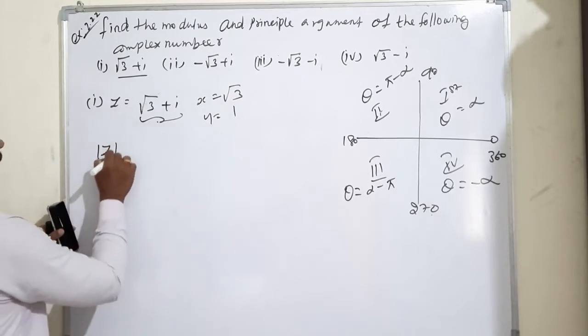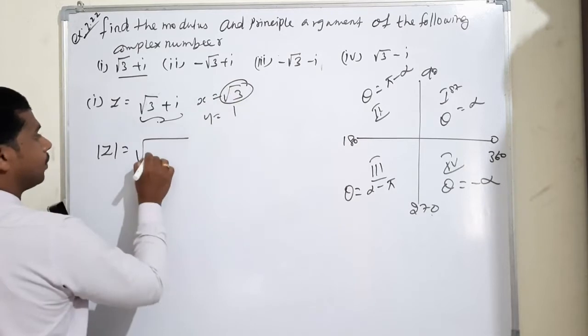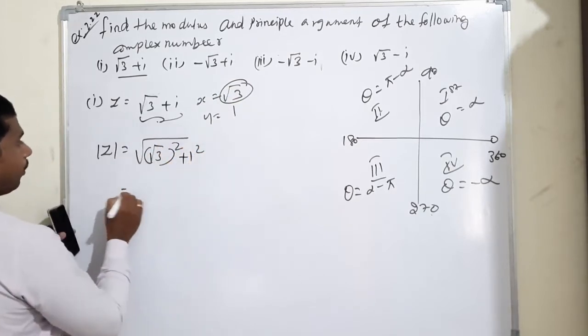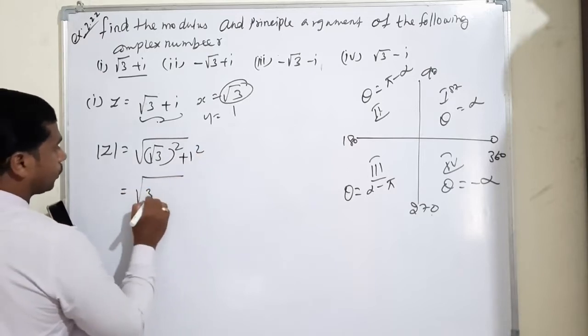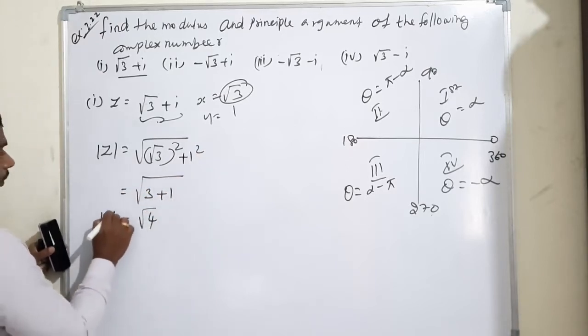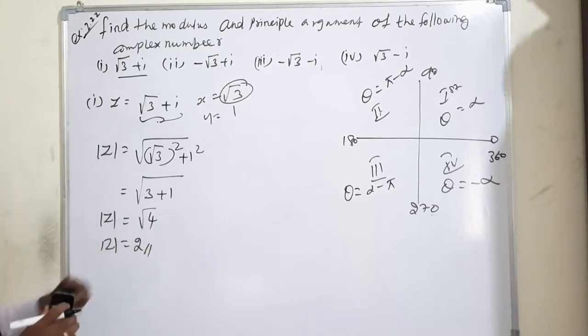The modulus of Z is the square root of x square plus y square, which is the square root of root 3 whole square plus 1 square. Root 3 whole square is 3, plus 1 is equal to 4. This is the modulus of Z squared; removing the square root, the answer will be 2. So the modulus of Z is 2.